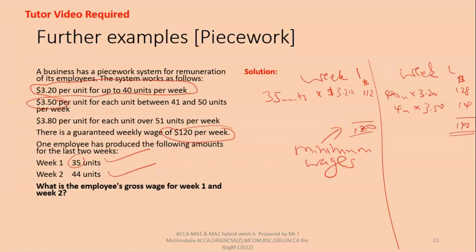In week 2, this employee is going to be given $142 because they've exceeded the minimum wage and met the conditions which warrant a higher pay. So we give them 142. This is the value to be paid.